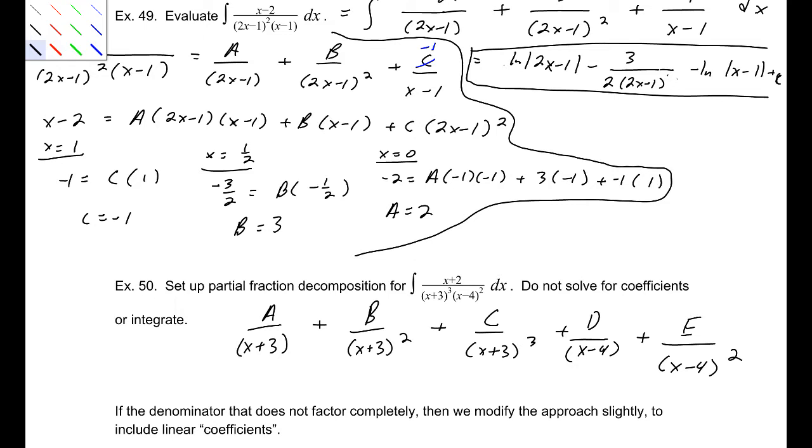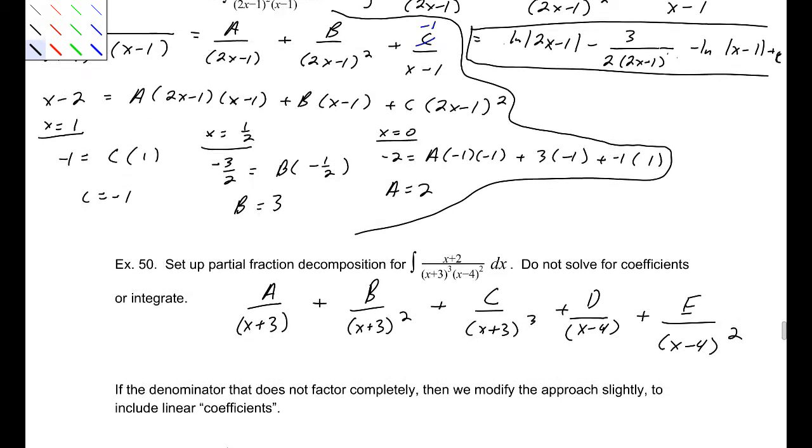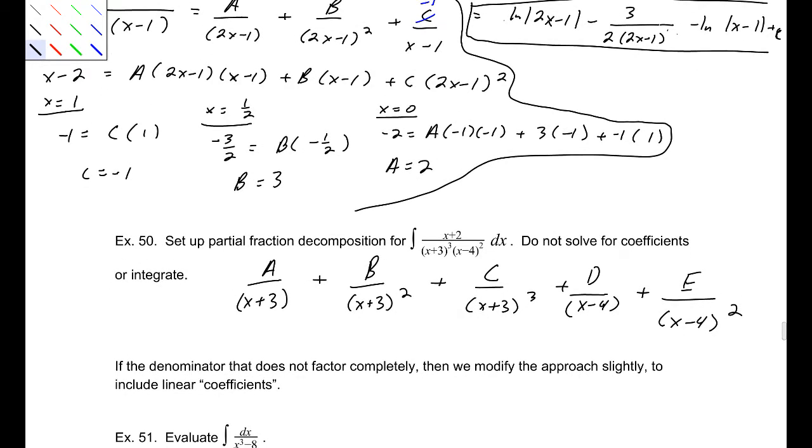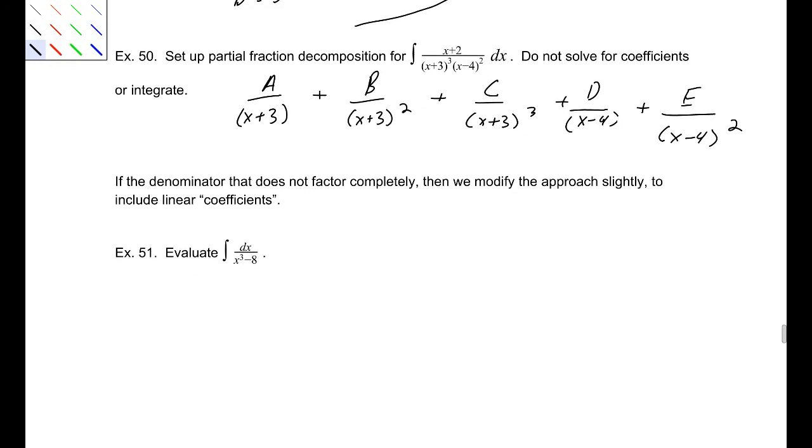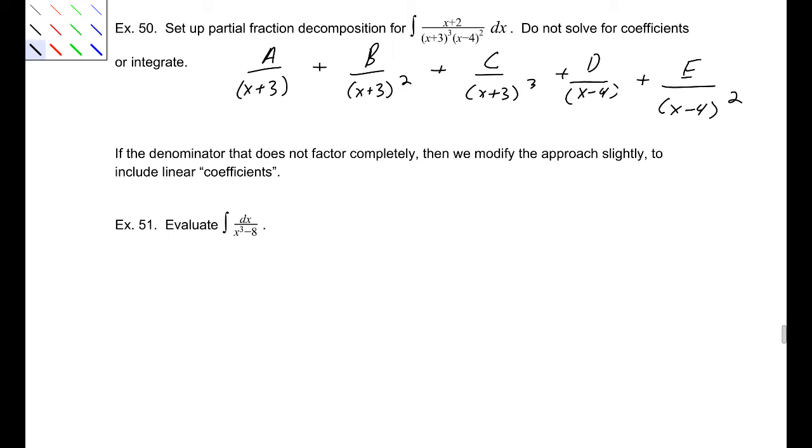Now if a denominator does not factor completely, we modify this ever so slightly to include what I'm going to call linear coefficients. So let's go ahead and look at this one right here. Evaluate the integral of dx over x cubed minus 8. So to begin, we can factor this.